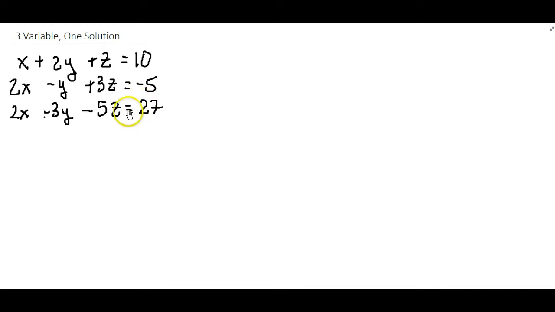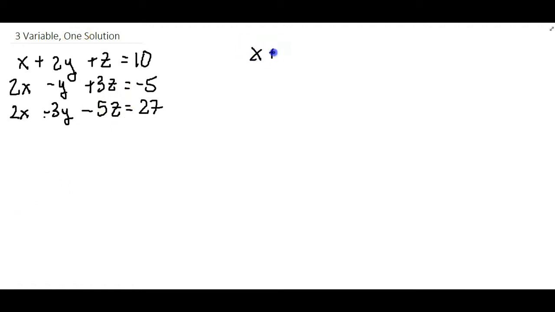This is a three-step process, but we can't do it all at the same time. So we start by using the elimination method to make a system of equations into two variables. So let's take the first two equations. So we're going to start with those.